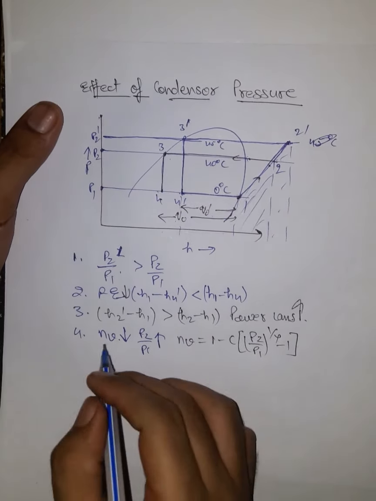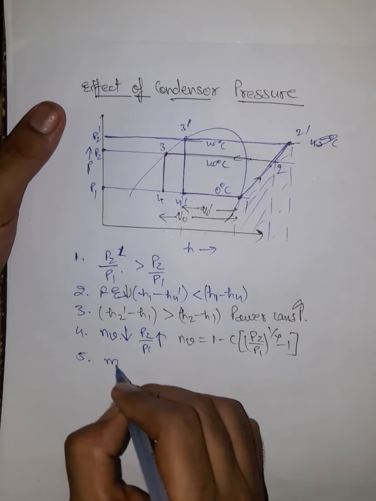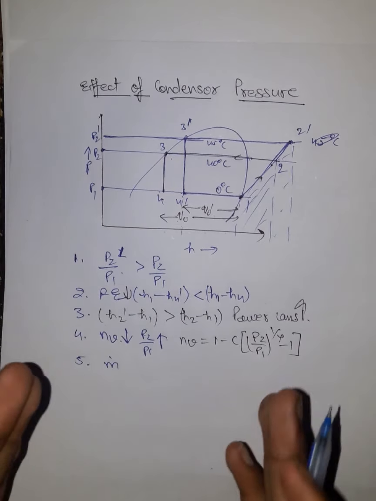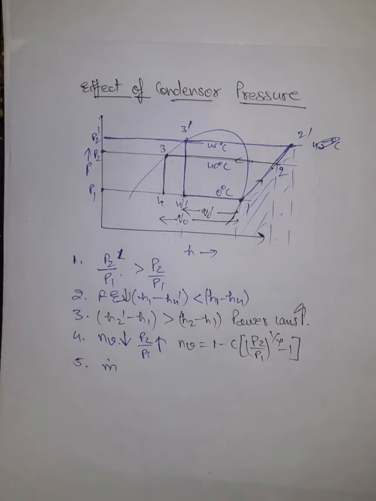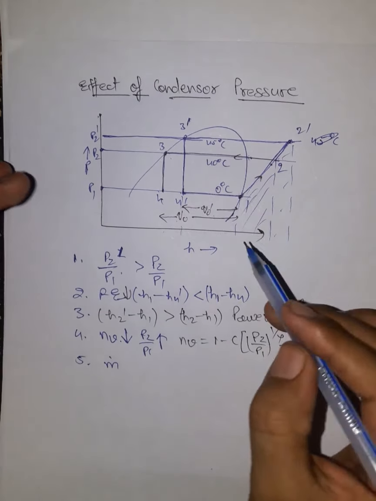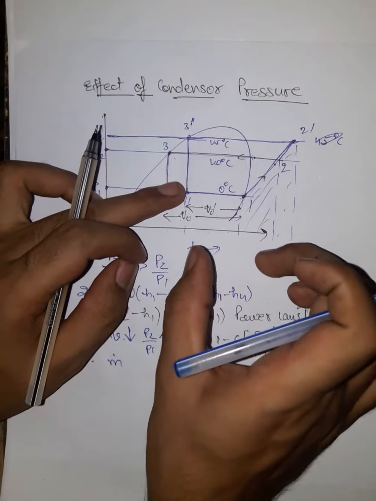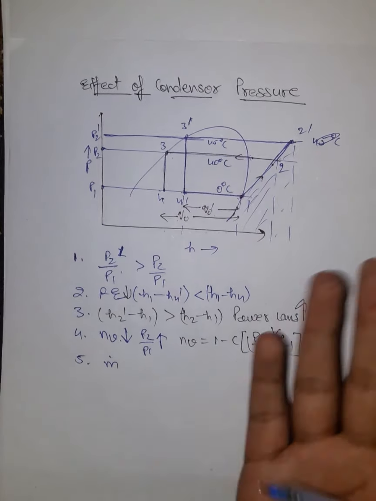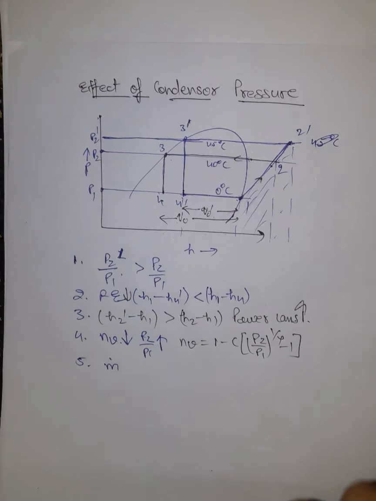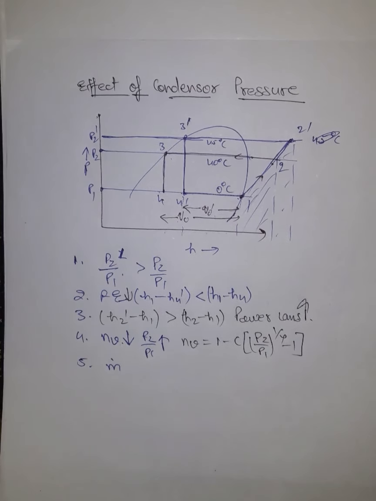And what about the mass flow rate here? For a fixed refrigerating effect, or fixed cooling required, we can see that as the refrigerating effect decreases, we need to pass more refrigerant for a particular cooling effect to be attained.